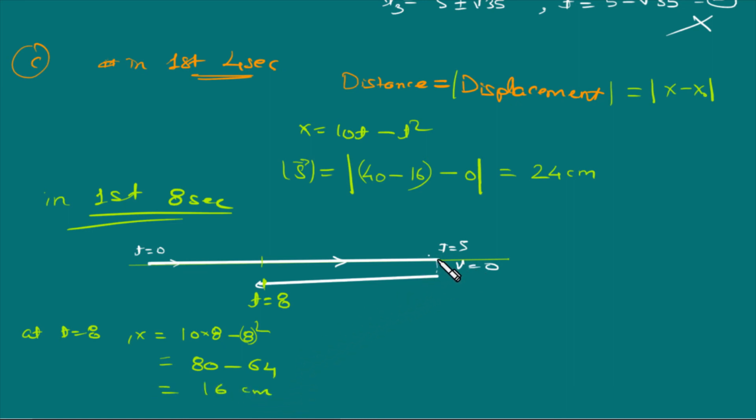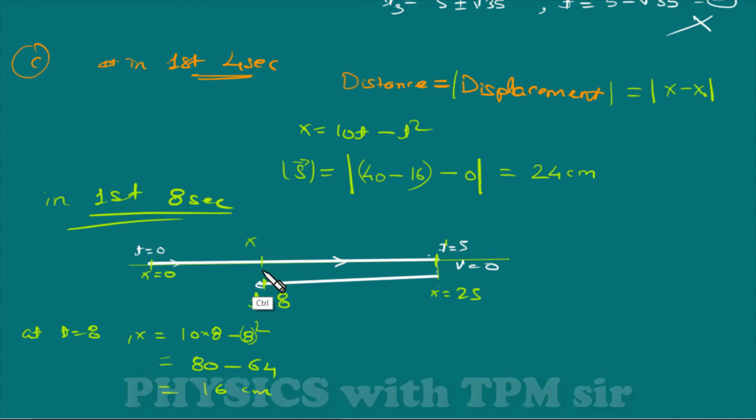So yes, at t is equal to 0, the particle is at x is equal to 0. At t is equal to 5 seconds, the particle is at 25 centimeter, and at t is equal to 8 seconds, the particle is at plus 16 centimeter, right? So how much distance did the particle travel?